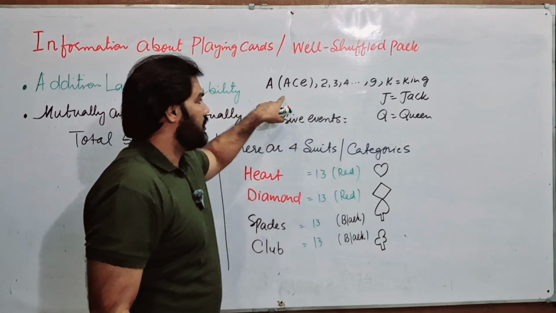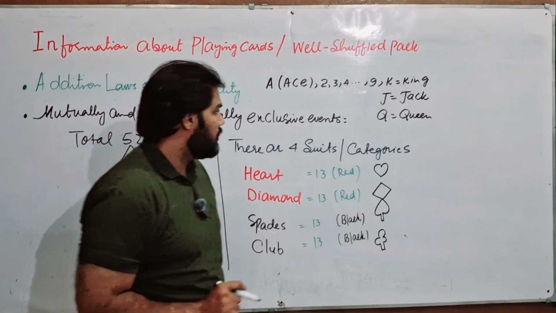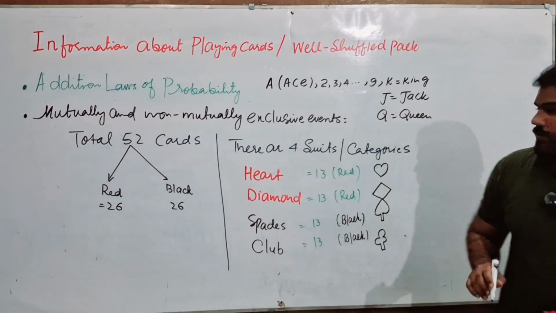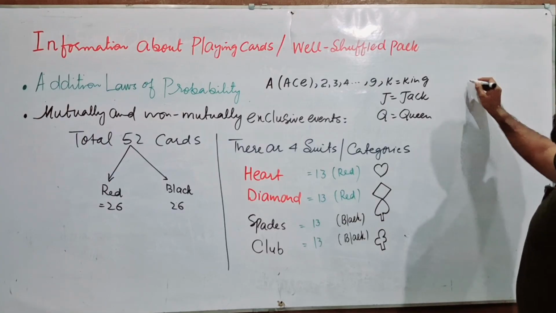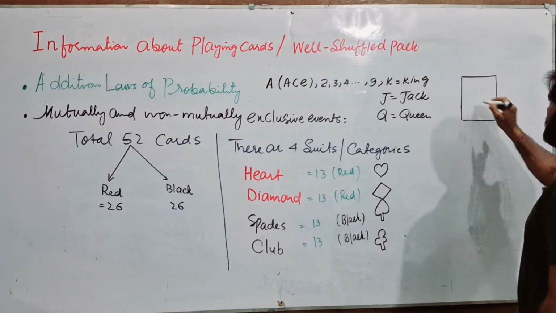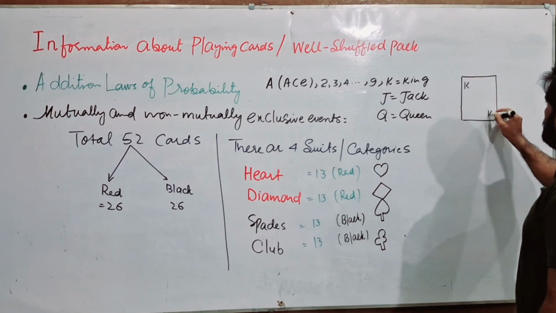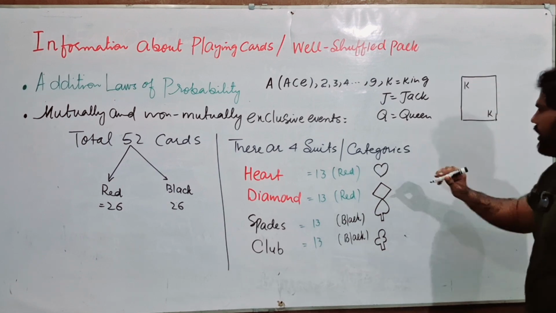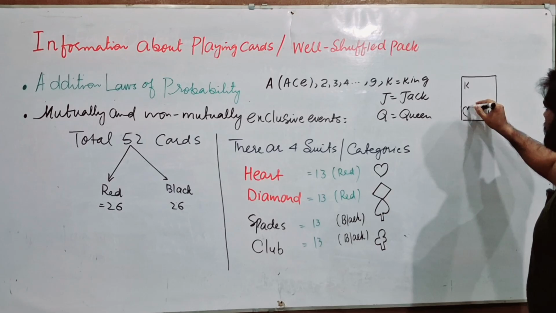Each of these cards is of 4 types. For example, if you see playing cards, one of the kings is of heart.